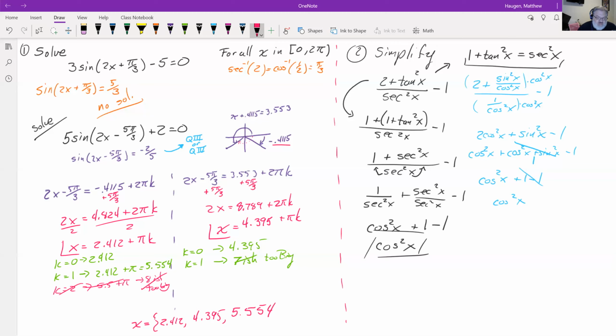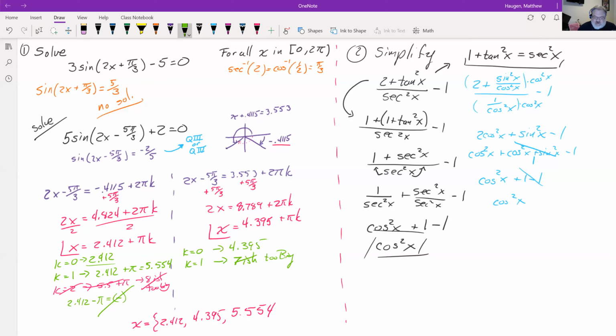So those are 3 answers, and we're good? Yes or no? Oh, what about -1? Well, -1 couldn't possibly do anything, because here, if we took that 2.412 and subtracted, let k be -1, subtracted pi, that's going to be negative.